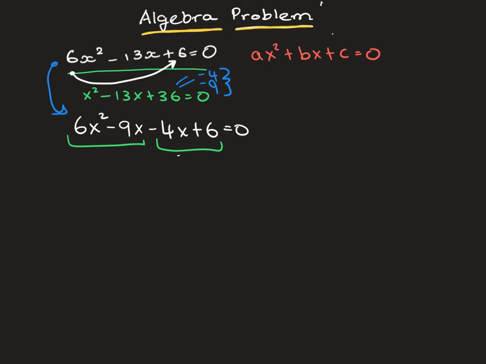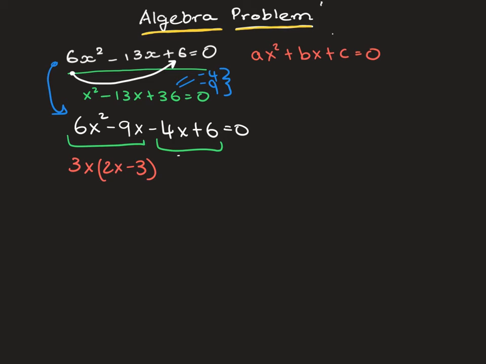So we have to find the greatest common factor between 6x squared minus 9x. The greatest common factor is 3x. So 3x times 2x minus 3. When multiplied, that'll be 6x squared minus 9x.